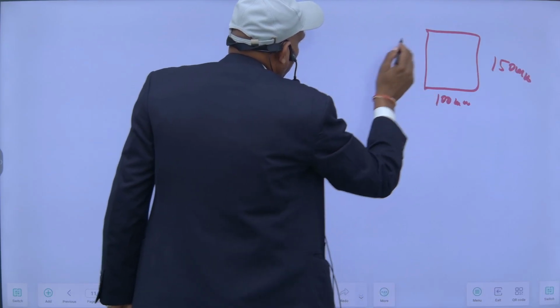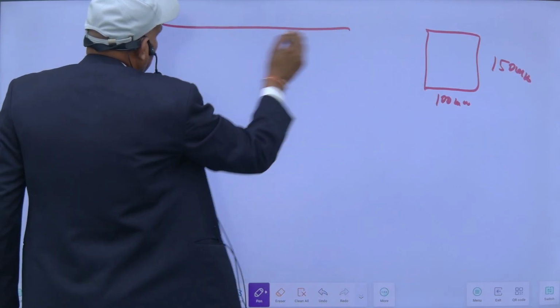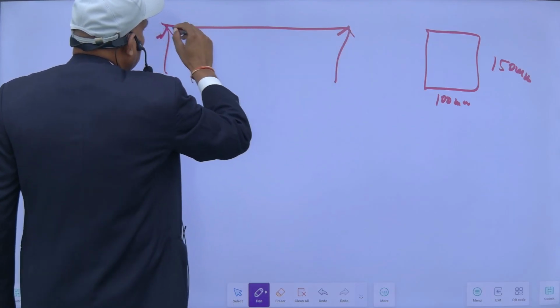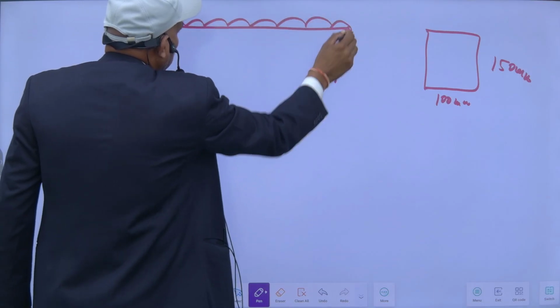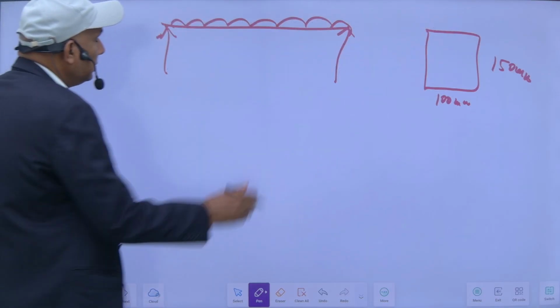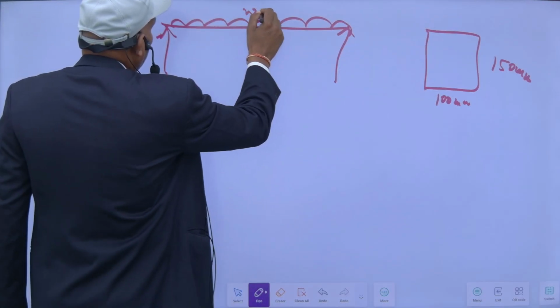This is the timber beam, and it supports a UDL. Span is 2 meter, load is W per unit length.